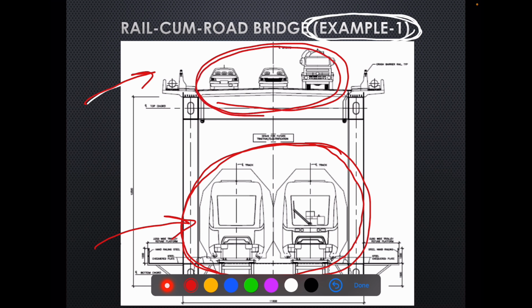So the configuration and dimension of these lower level girders is defined by the schedule of dimensions of that particular railway transportation system. Schedule of dimensions means where we have defined the maximum moving dimensions of the maximum or biggest vehicle on the railway transportation system.